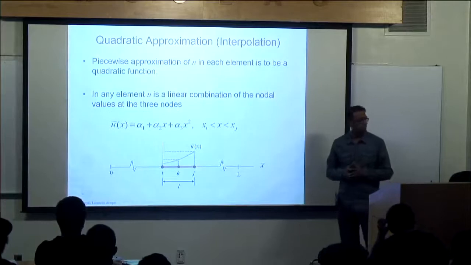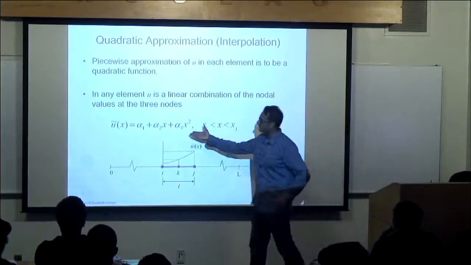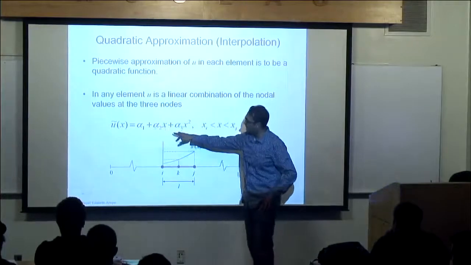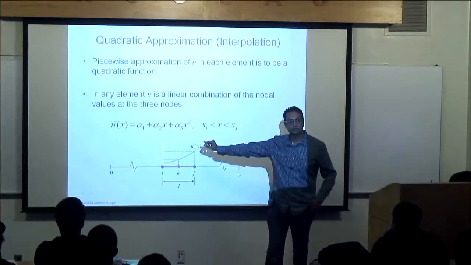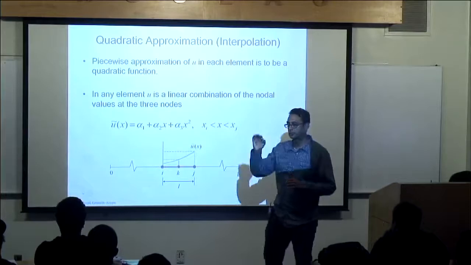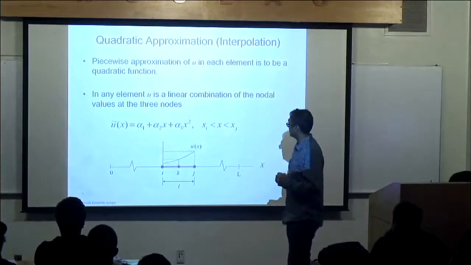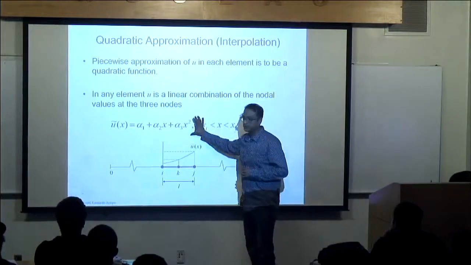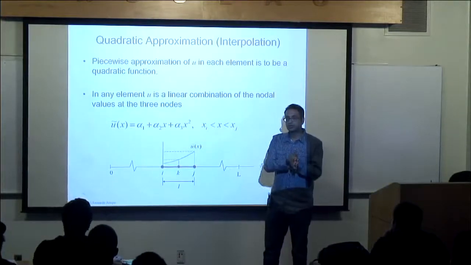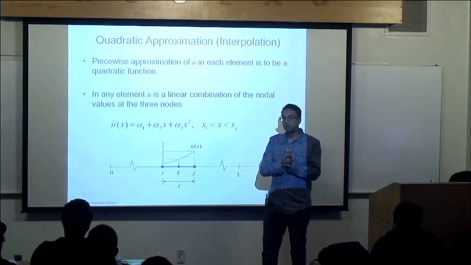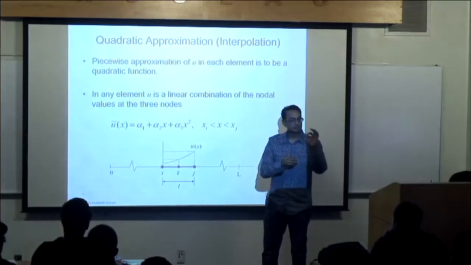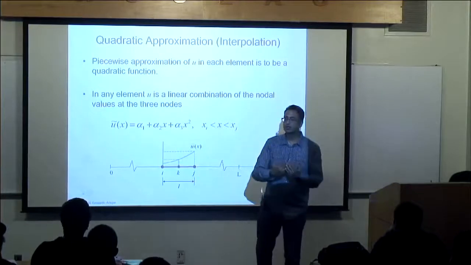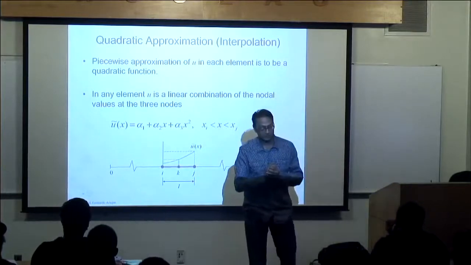So if I were to do that, I can start with my approximation function. The approximation function is u tilde equals alpha 1 plus alpha 2 x plus alpha 3 x squared, just like you did in weak form Galerkin, strong form Galerkin, and Rayleigh-Ritz. Just like before, we need to satisfy the continuity requirements. In the bar element problem, we determined that the displacement must be continuous across element boundaries, and we found that by looking at the essential boundary conditions of the problem.